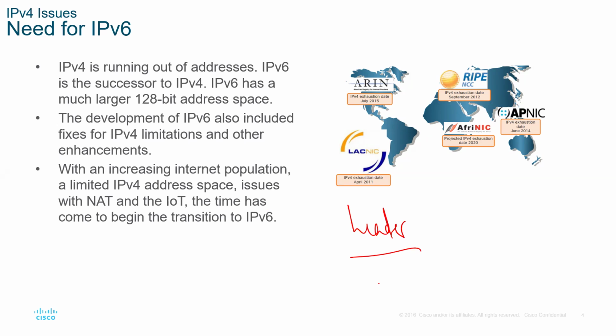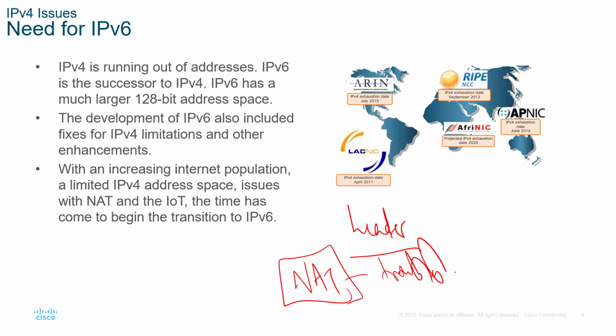Also, with IPv6, we no longer have need for NAT. NAT inema problems ayo, network address translation, inema problems ayo. For example, in troubleshooting, it's very difficult knowing kuti problem iri papi because my addresses that are being translated to public IP addresses, basically private IP addresses, they are being translated to public IP addresses.